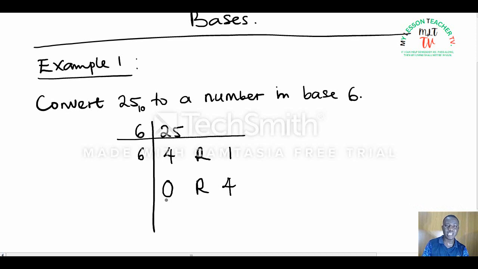And the equivalent of 25 base 10 in base 6 is the remainders written from the bottom to the top. So we'll say 25 base 10 is equivalent to 41 base 6. That is 4 groups of 6 and 1 multiple of 6.